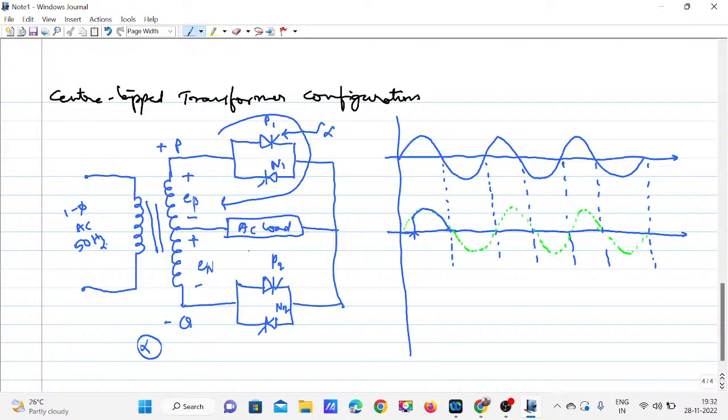And what will happen in the negative half cycle? Negative half cycle means this will be positive and this will be negative. If we give gating pulses to P2, it will be on and the current path will be like this and it is going up. Understood? So this is plus and minus E naught. That's why it is positive only. Again, the same thing repeats for the positive half cycle and it will be positive.